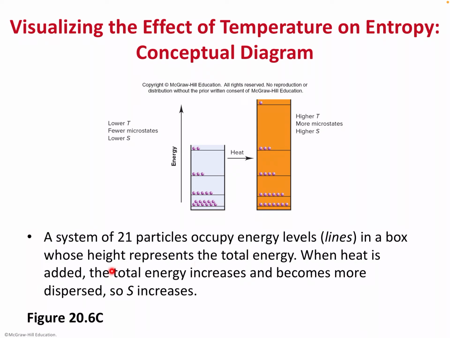When heat is added, we increase the temperature. What happens? The total energy increases and becomes more dispersed, so entropy increases. Remember, energy equals Q plus W. When you add more heat Q, the energy increases.